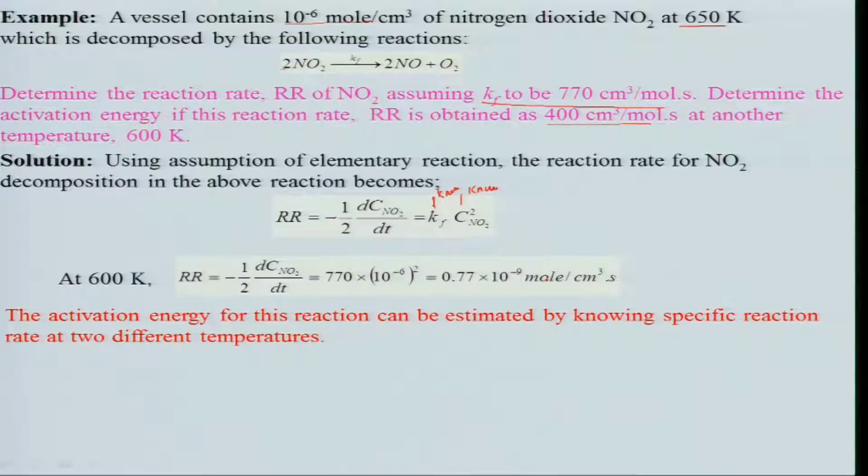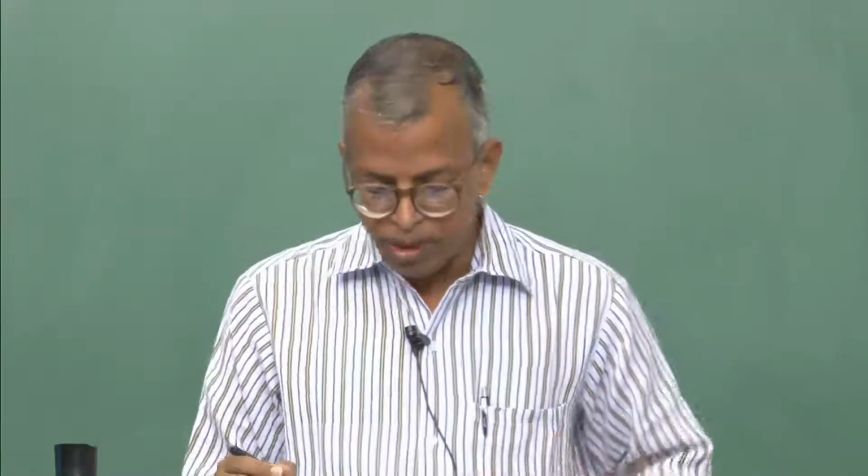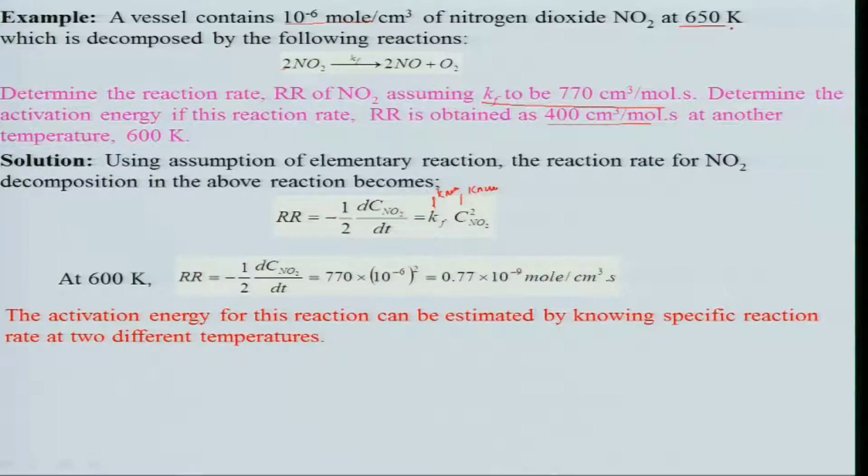And the activation energy for this reaction can be estimated by knowing the specific reaction rate, or the reaction rate coefficient, both are the same, at two different temperatures. So, one is 650, the other is of course 600 Kelvin. We must know those values, and Kf is known. So, we can determine, that is at T1, ln K1 is equal to ln A minus E divided by T1 RU.